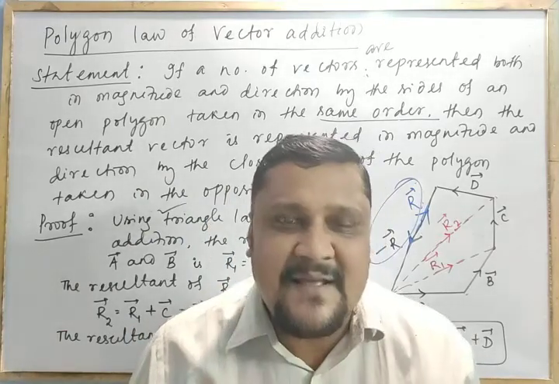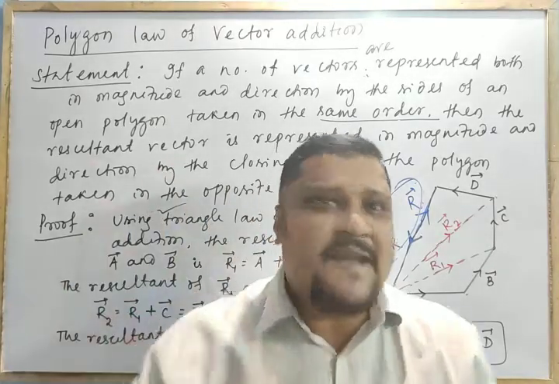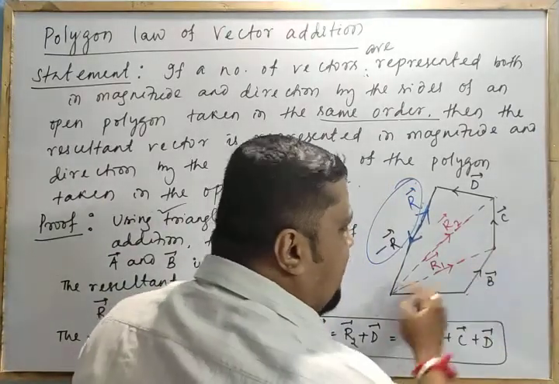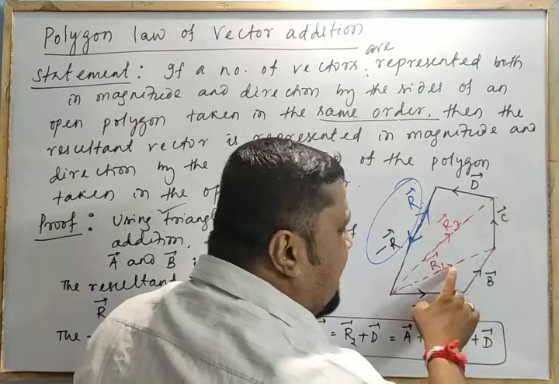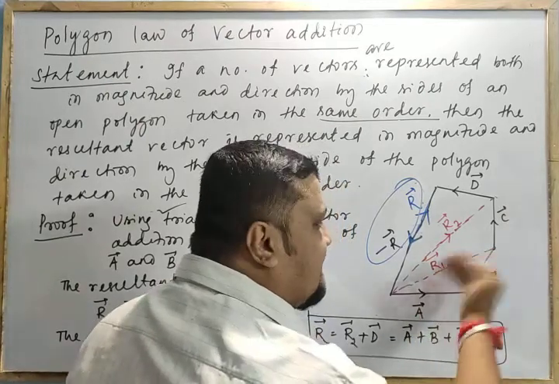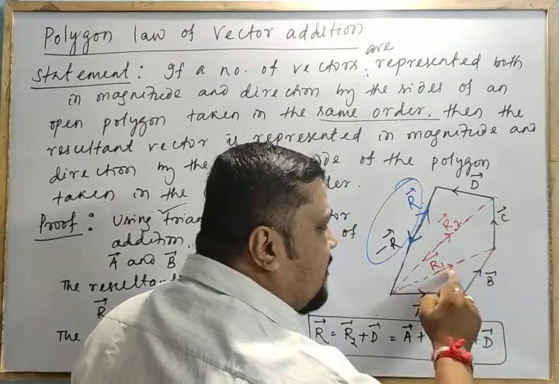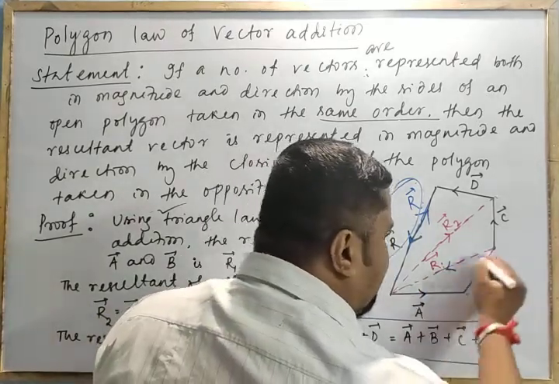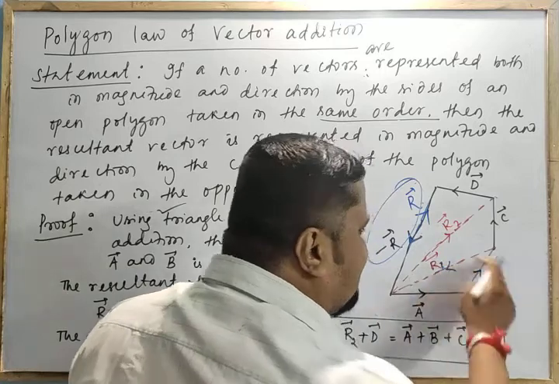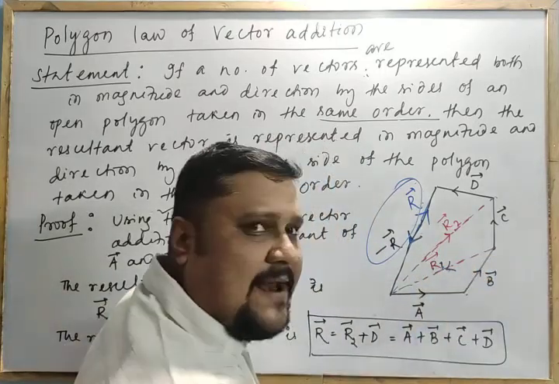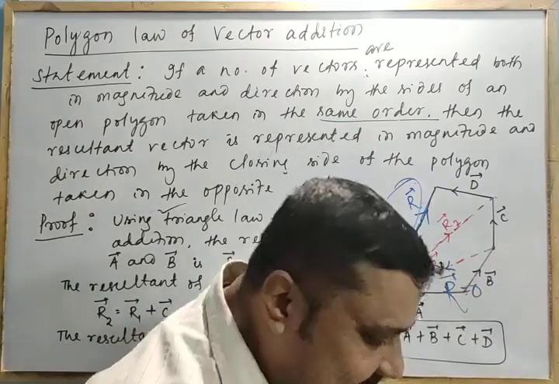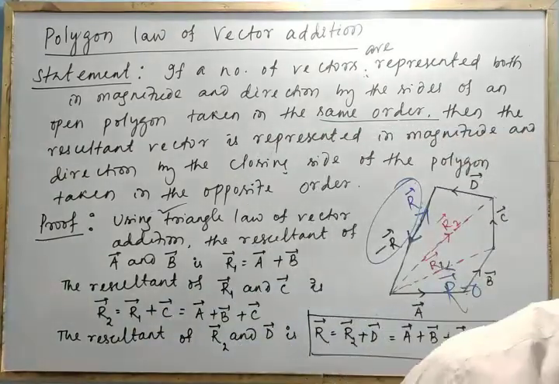A, B are the 2 sides of a triangle, and R1 is this side, but you are applying minus R1 like this. Same order. Then what is the result of these 3 according to triangle law? 0. So the resultant is equal to 0. This is the point we should understand.